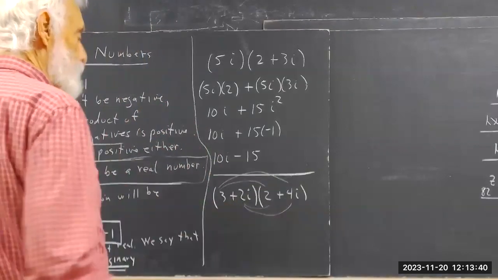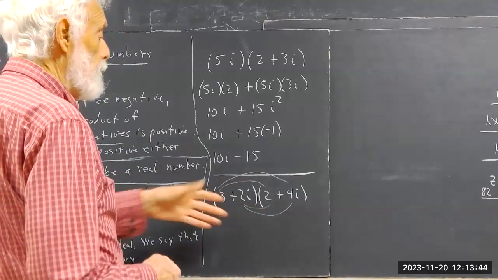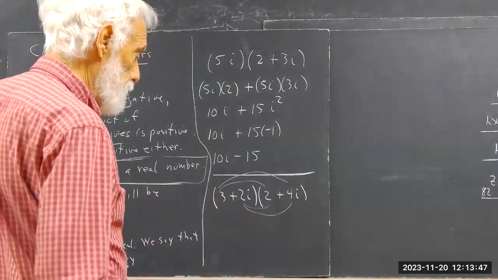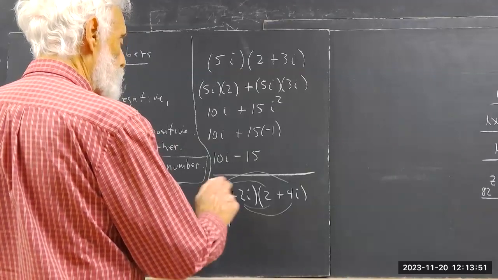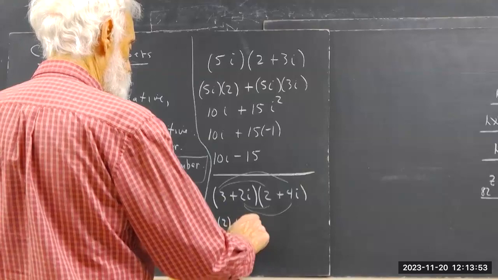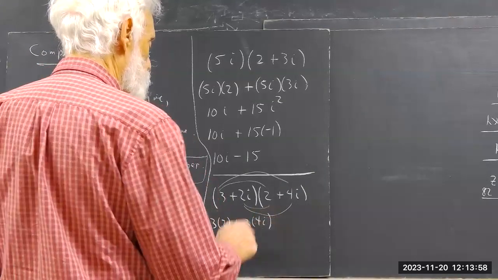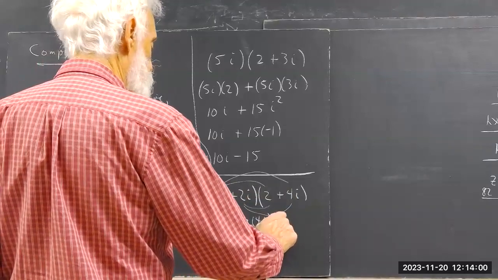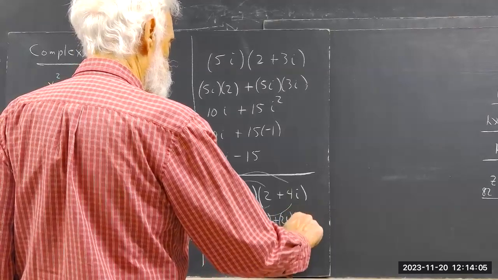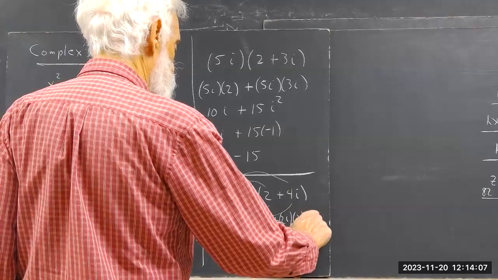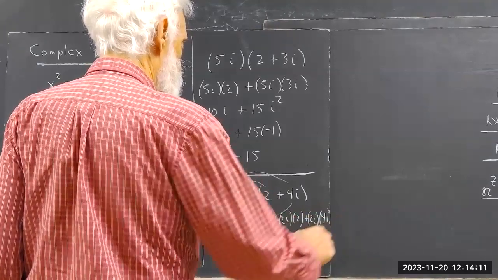You know, there's how we apply the distributive law. You need to be able to write this out with the distributive law, but we'll shortcut it mainly because I don't have a lot of room down here. We get 3 times 2 plus 3 times 4i plus 2i times 2 plus 2i times 4i.